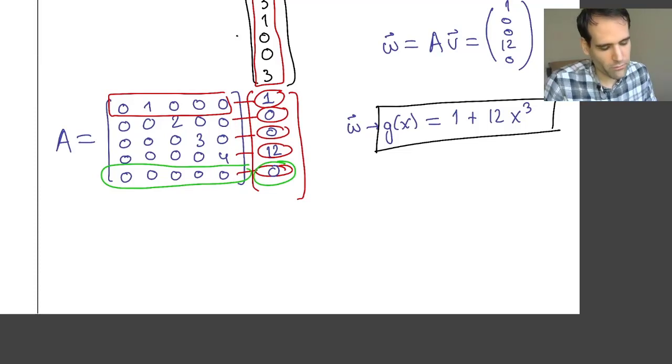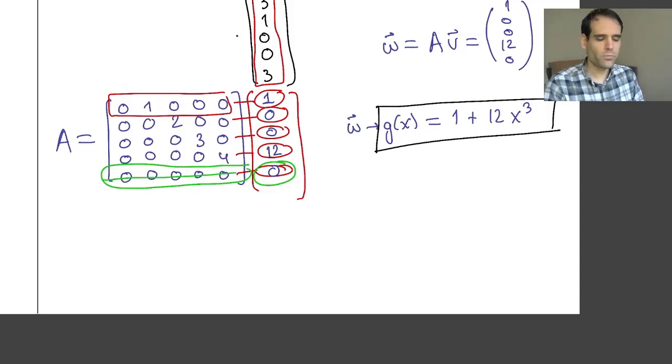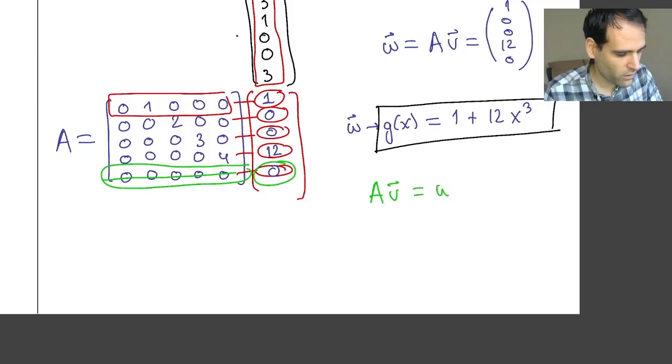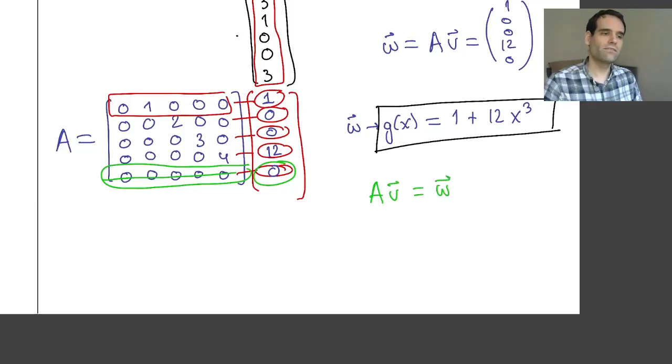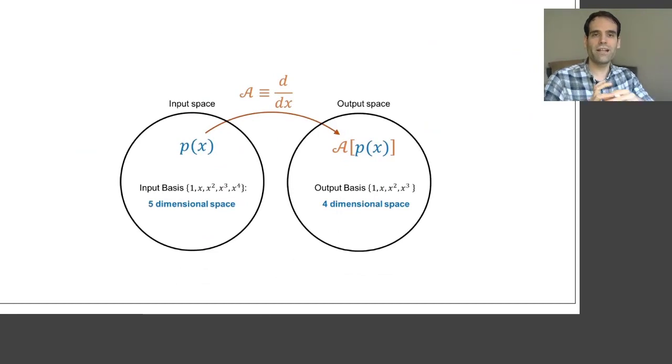So we could remove that row from the matrix, and when we multiply A times a vector, the result will always have one less element. So we will get a polynomial of degree 3 instead of degree 4. That makes sense because when you take the derivative of polynomials of degree 4, the result is always a polynomial of degree at most 3.